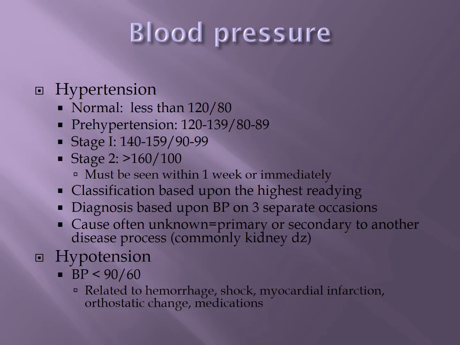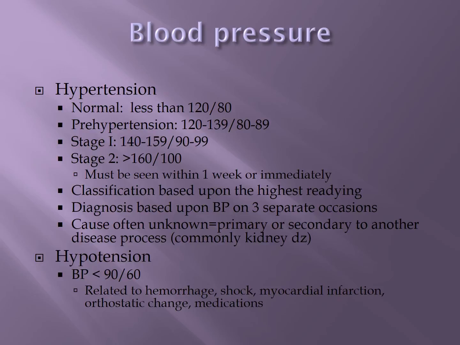And with this renin, angiotensin, aldosterone system, angiotensin 2 is the most potent vasoconstrictor that we have in the body. And then aldosterone tells the kidney to hold on to water, and between those two things, it's going to make the blood pressure go up.